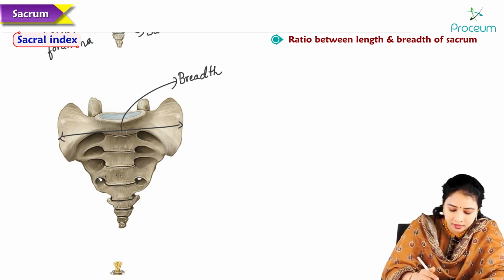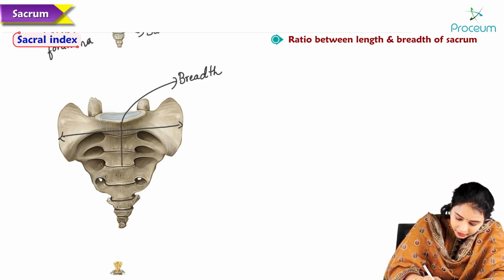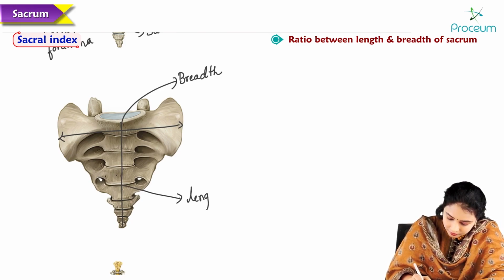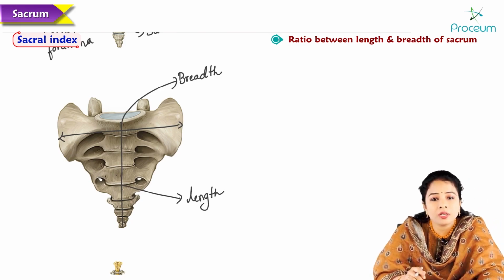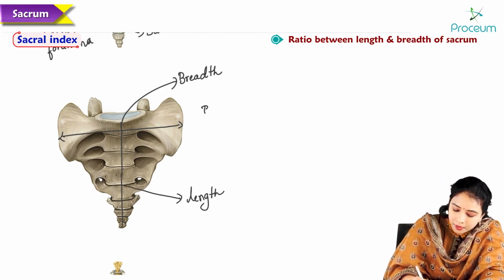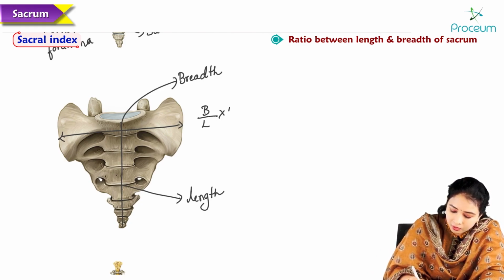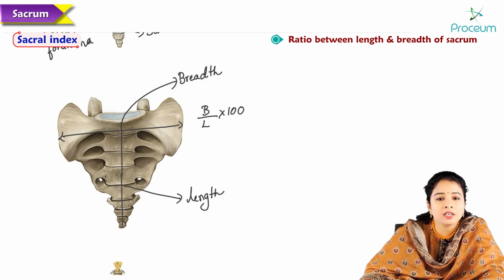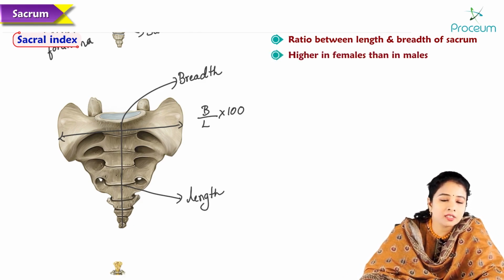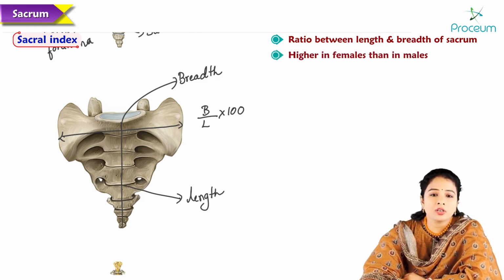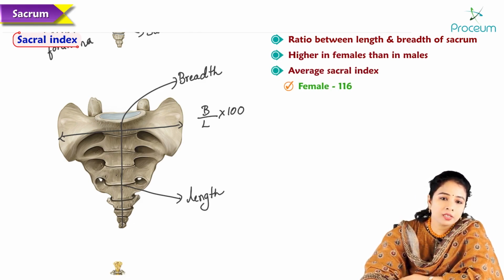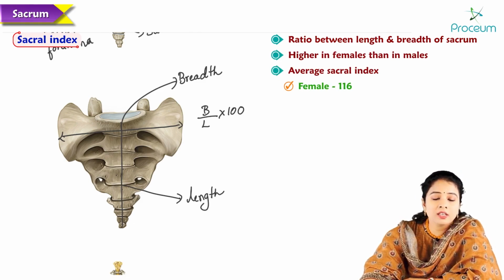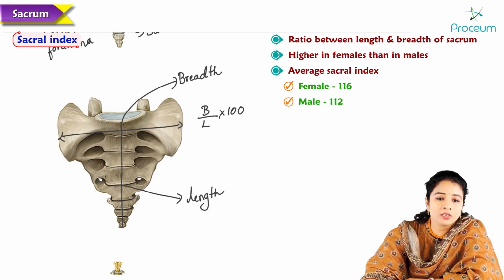The length is the vertical midline length of the sacrum. The formula is breadth by length into 100. It is higher in females than in males. The average sacral index in females is around 116, and in males around 112.